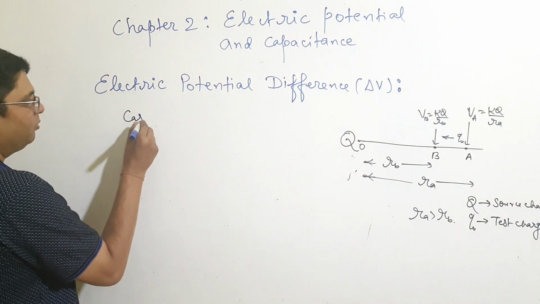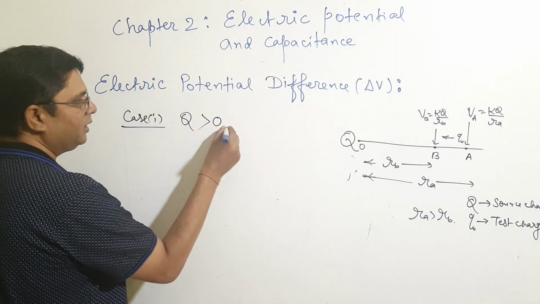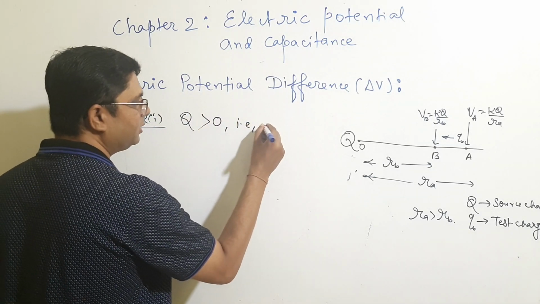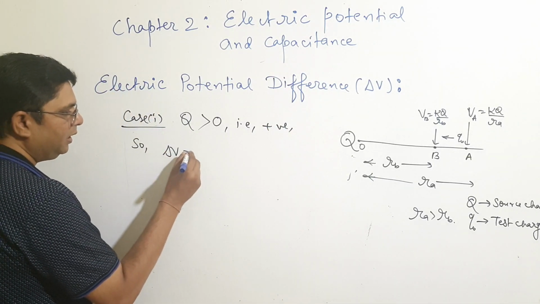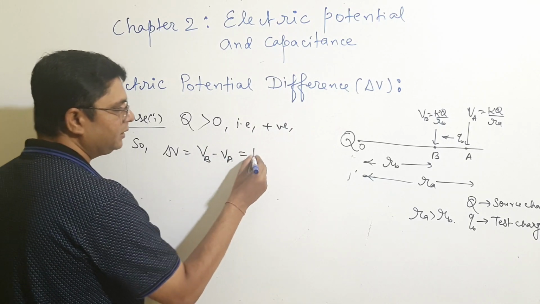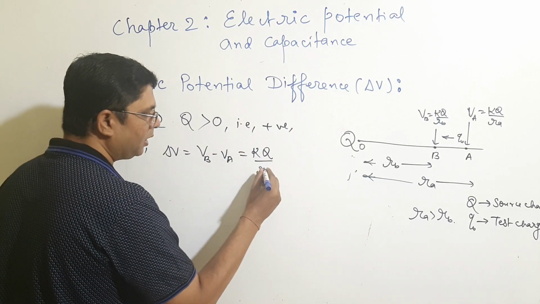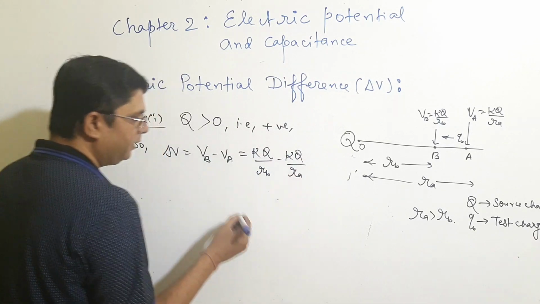Say this is case 1. In this case 1, capital Q, the source charge, is greater than 0, that is positive. So delta V equals VB minus VA. This means that this is KQ upon RB minus KQ upon RA.